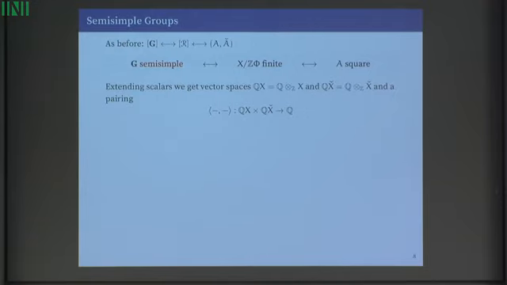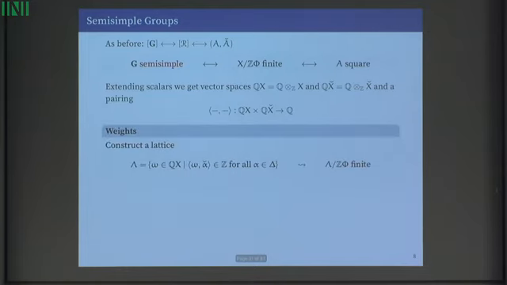Okay, so if we extend scalars over Q, then we get Q vector spaces. And we can extend our perfect pairing to get an identification of QX check with the dual vector space of QX. Why do I want to go over to QX? Because what I want to do is construct the weight lattice.